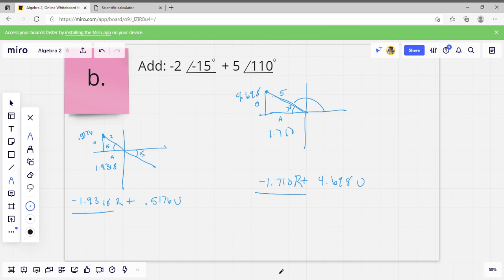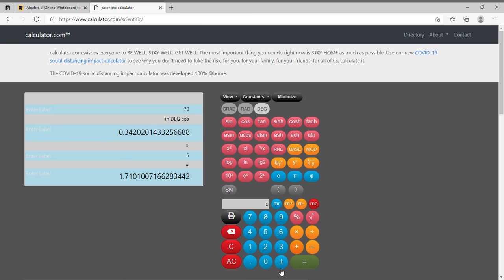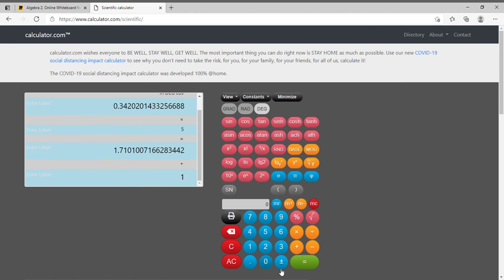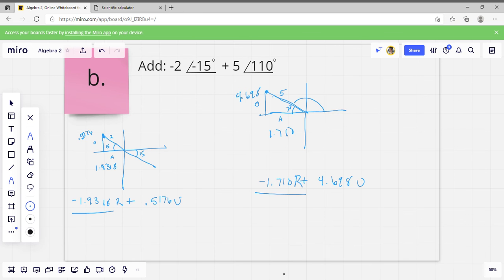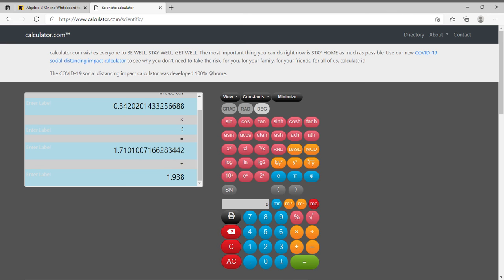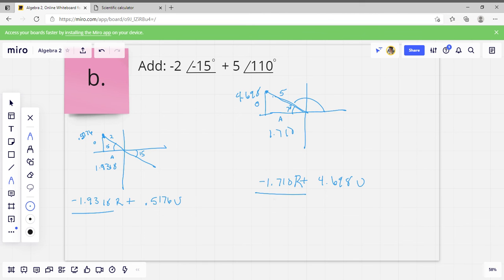So 1.9318 plus 1.710 is 3.648, so we're going to make that be 3.64.